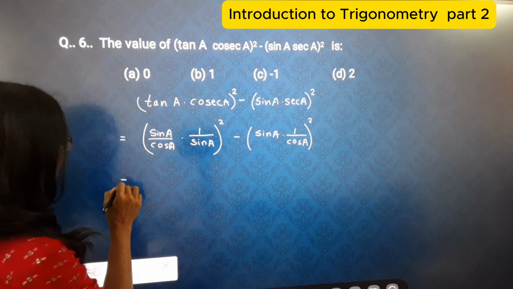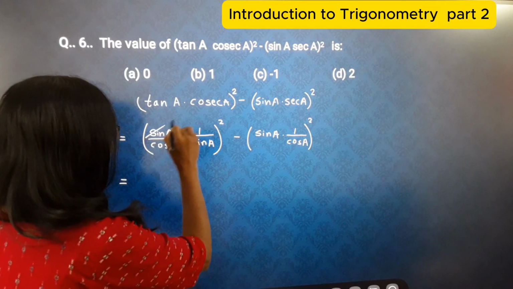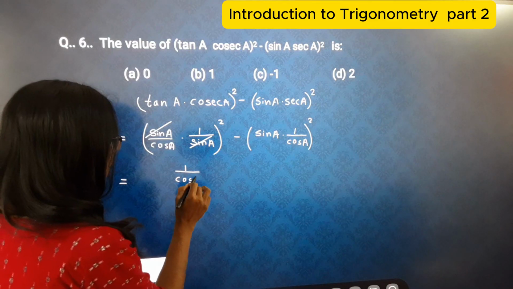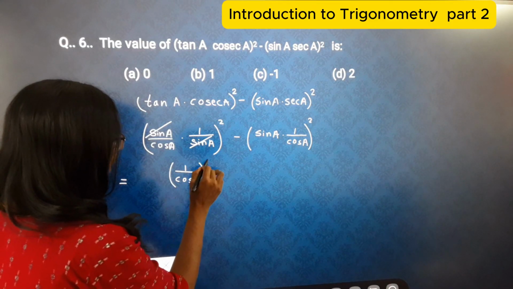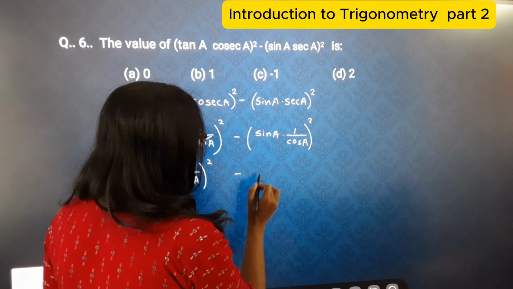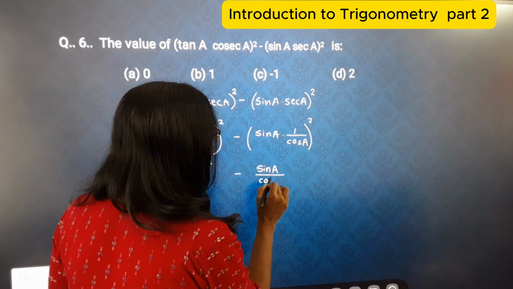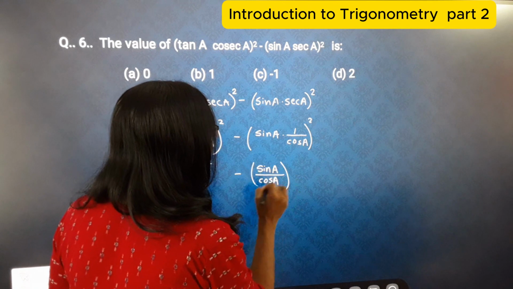Okay students, now here the sin A and sin A get cancelled, so here (1 upon cos A) whole square minus (sin A upon cos A) whole square.